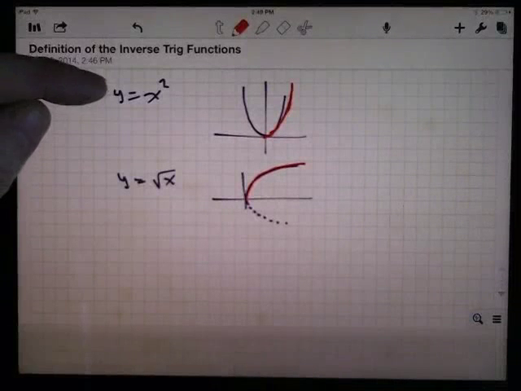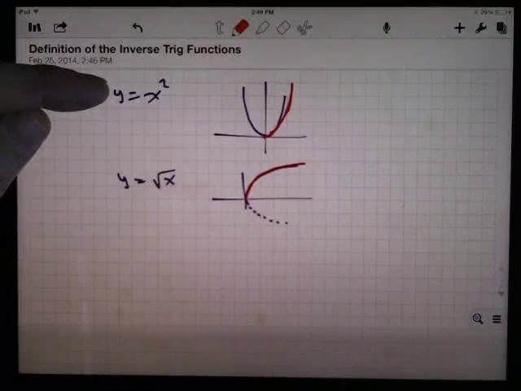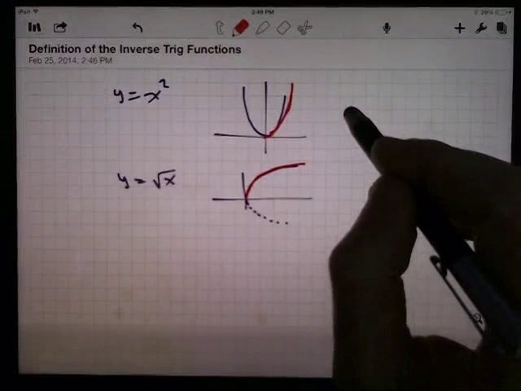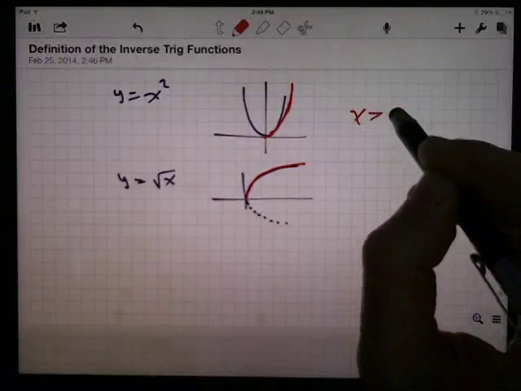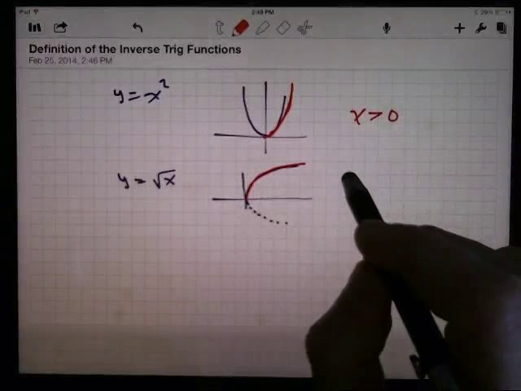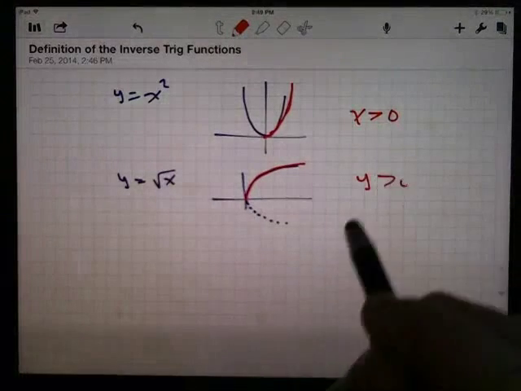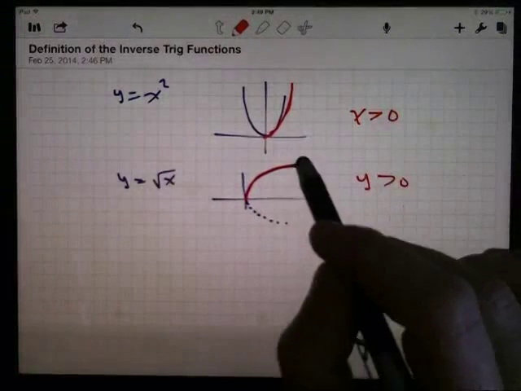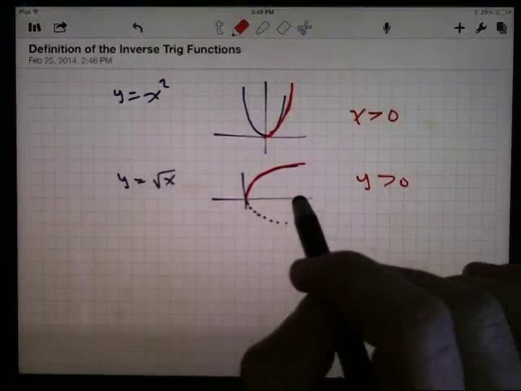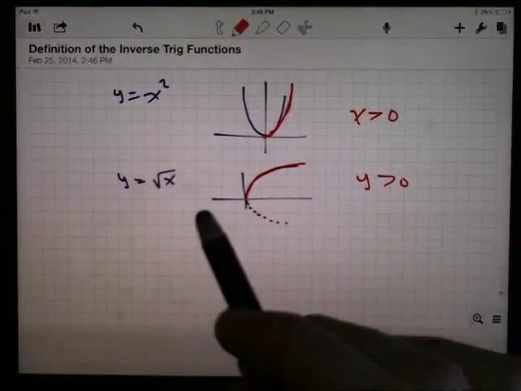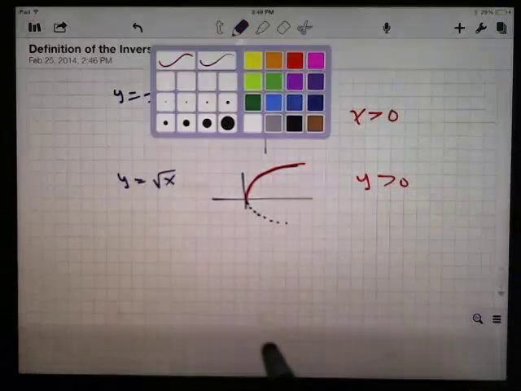So no, this is not an invertible function, but if we just look at half of it, if we restrict it to being x bigger than 0, then we get this thing here where y is bigger than 0, right? The restriction on x turns into a restriction on y. We don't want the negative square roots, we only want the positive square roots. We're going to do the same thing for our trig functions.